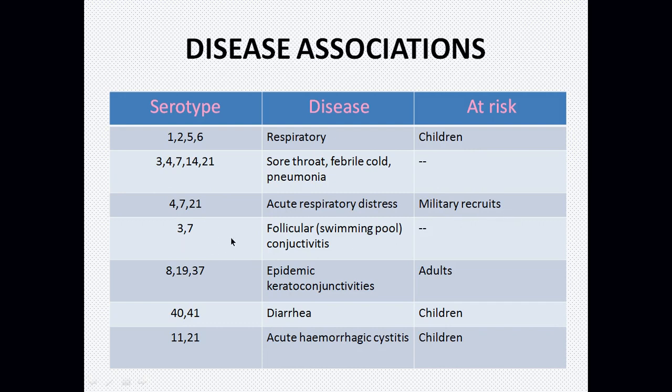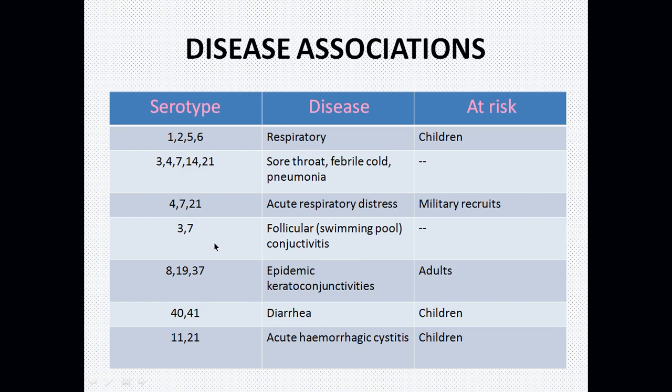Serotypes 3 and 7 are associated with follicular conjunctivitis, also known as swimming pool conjunctivitis. Serotypes 8, 19, and 37 are responsible for epidemic keratoconjunctivitis in adults. And diarrhea-causing diseases are particularly due to serotypes 40 and 41 in children. So these are the diseases commonly associated with the serotypes.